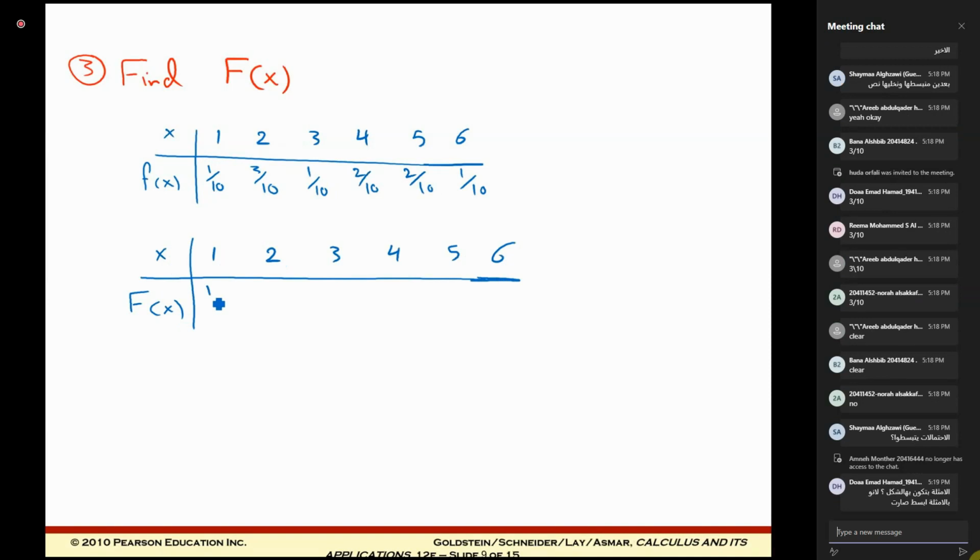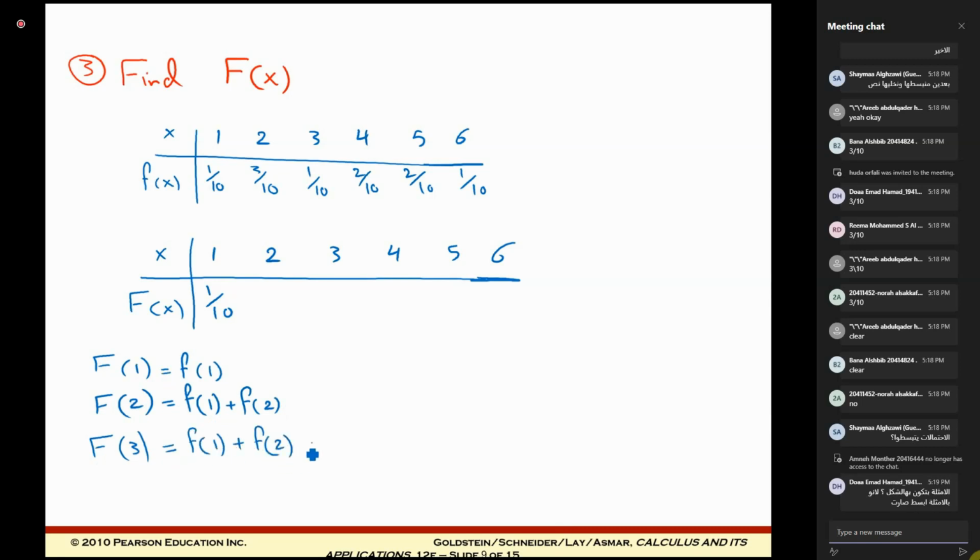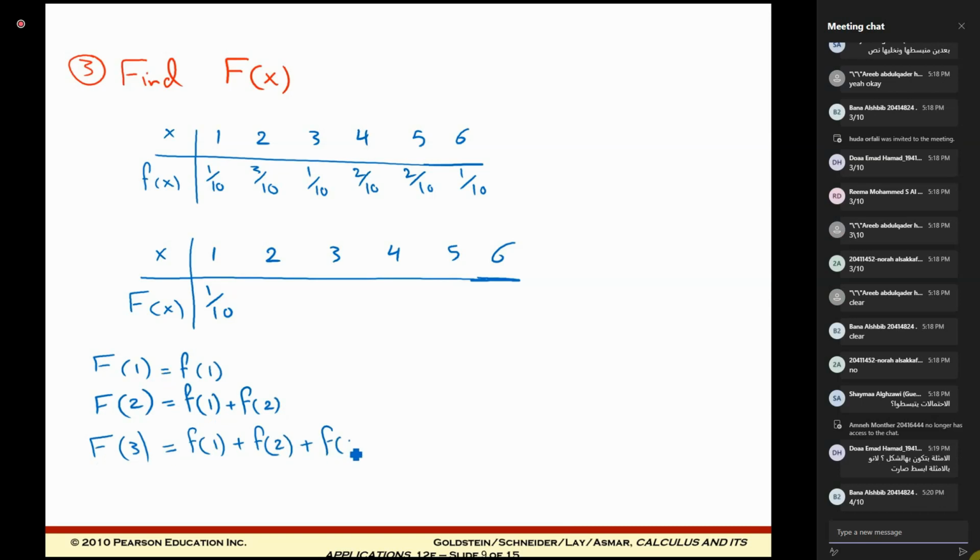Number 1, 1 over 10, because capital F of 1 equals f1, but capital F of 2 equals f1 plus f2. Okay, cumulative at 3 equals f1 plus f2 plus f3, and so on to the end. So F of 2 equals what? 4 over 10.